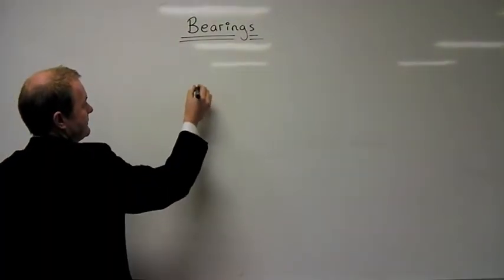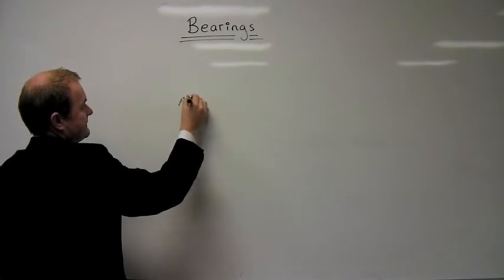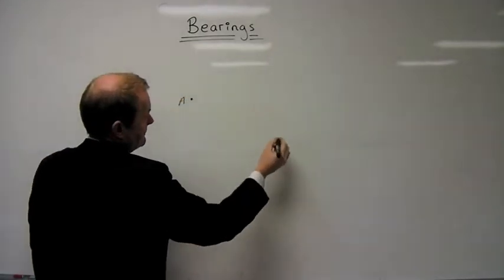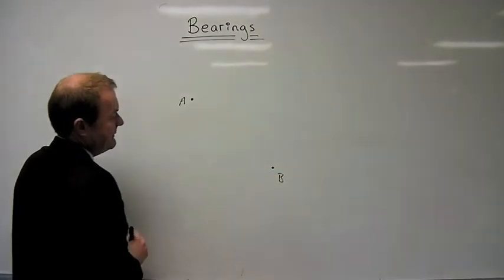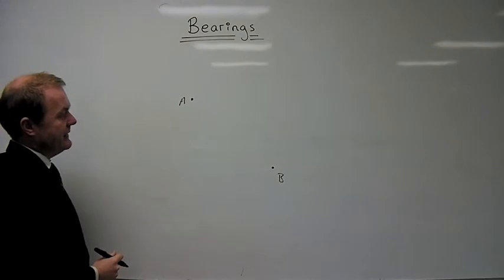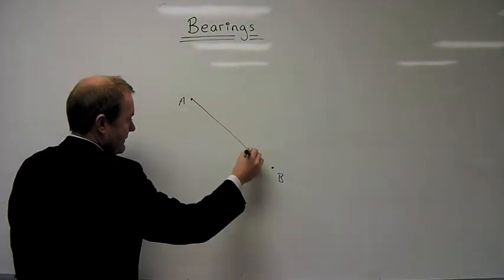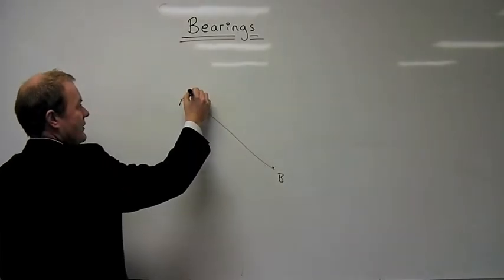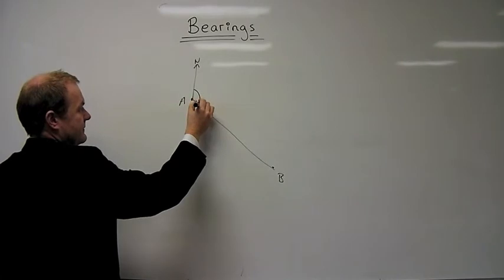Do one more example. So let's start at A, and I want to travel to B. So I have to put the line in from A to B, and I also have to put my north line in, and then measure that angle.